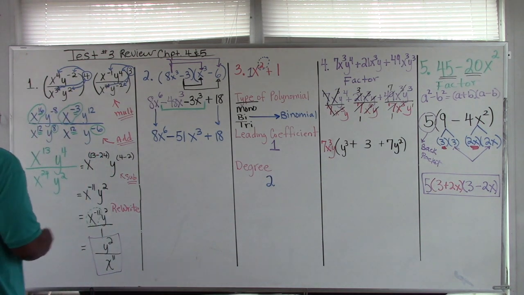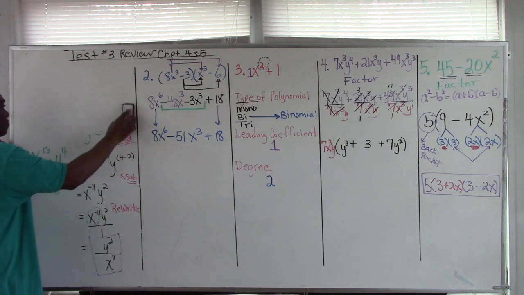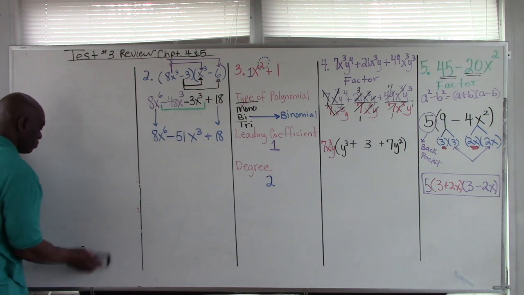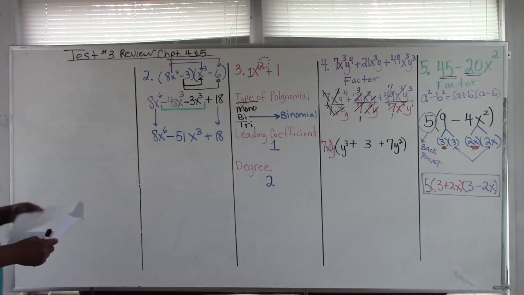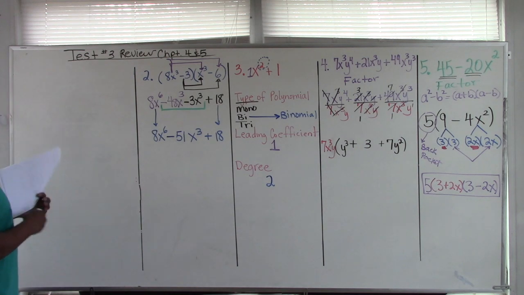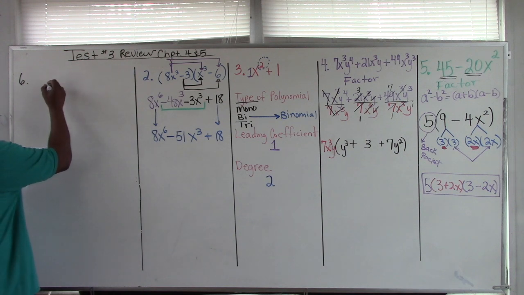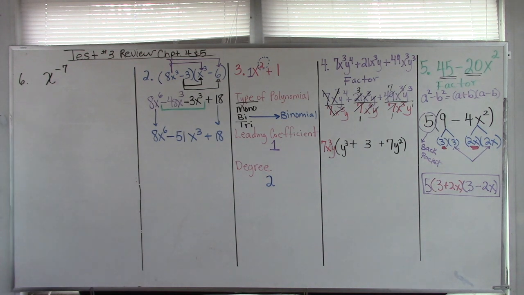Number 6. Let's see what we have for number 6. We have x to the negative 7. How do we rewrite x to the negative 7?